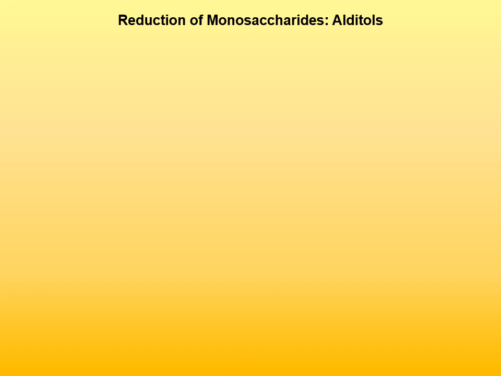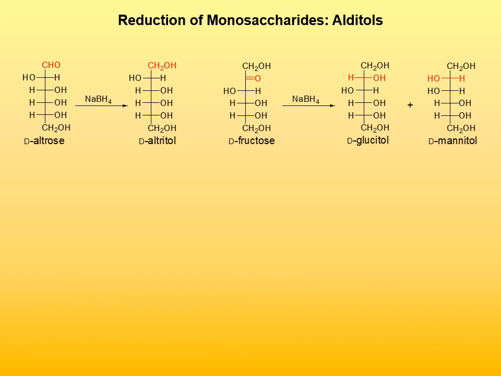It's readily available, easy to handle, and so the sodium borohydride reduction of aldehydes gives the corresponding alditol. Note that in case of a ketose, shown here on the example of fructose, the corresponding alditol actually has a new chirality center. So carbon 2 of fructose is the carbonyl carbon. Upon reduction, it becomes a new chirality center. It's shown here in red.